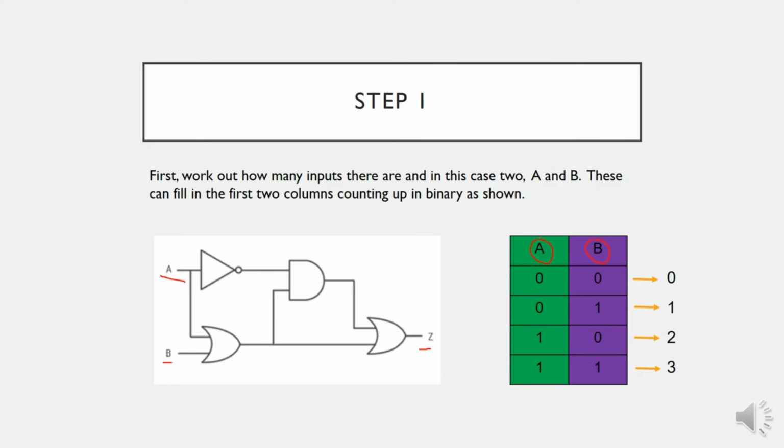Because if you still remember, we have 2 inputs, so 2 to the power of 2 gives 4 combinations, which count from 0, 1, 2, and 3. Each of these is represented by the binary number of the decimal numbers 0, 1, 2, and 3.